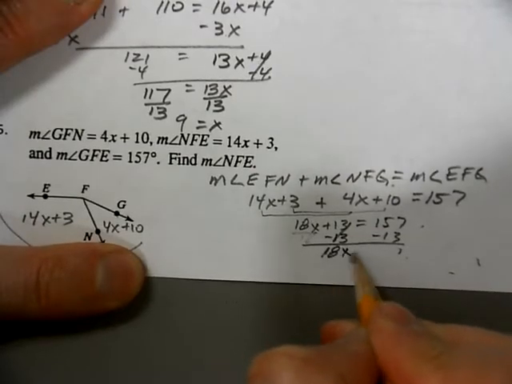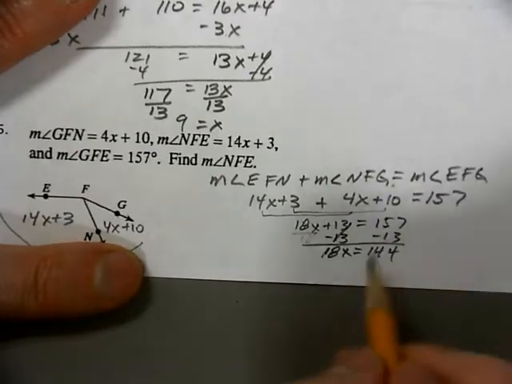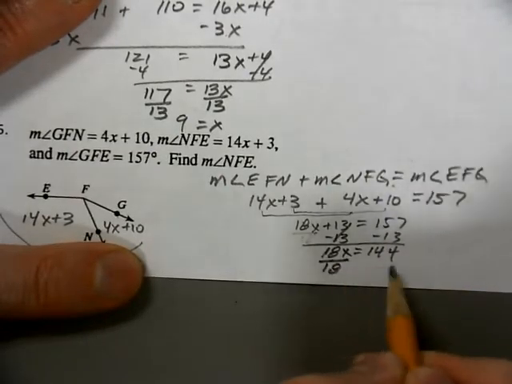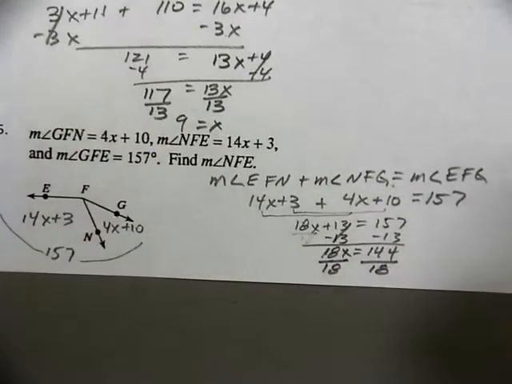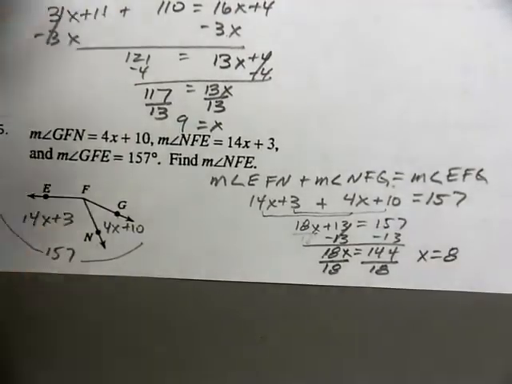So we get 18x equals 144. And with that, we're going to get x equals 8.